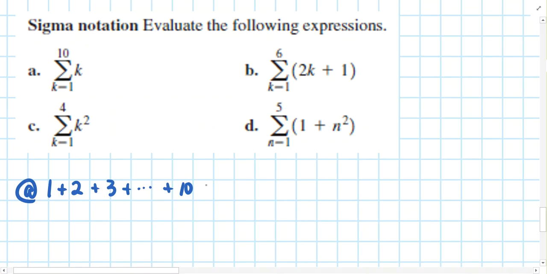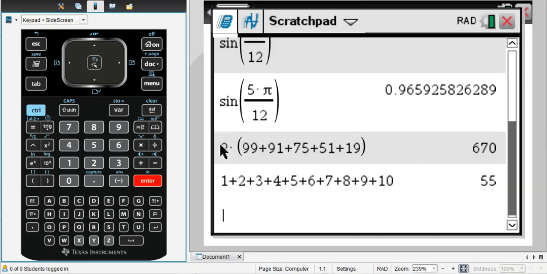And I don't have a quick way to compute this, but knowing how to set it up and determining how to evaluate this is most of the problem. Now, some of these do have neat patterns to them, like the sum of integers.